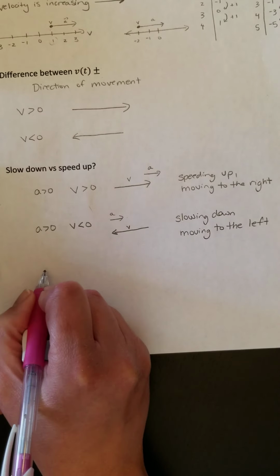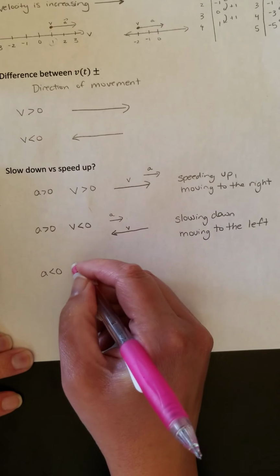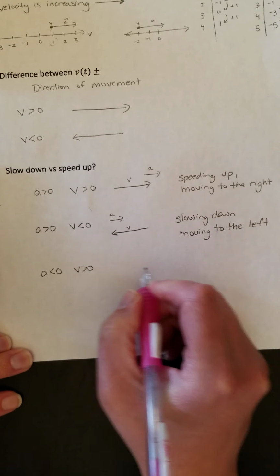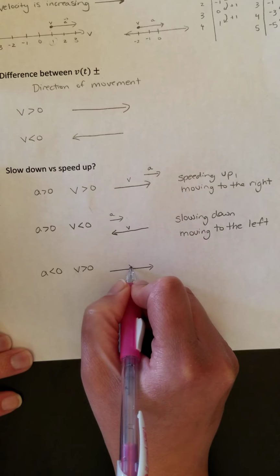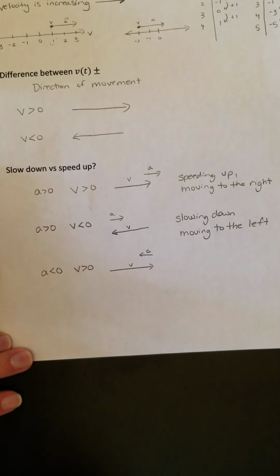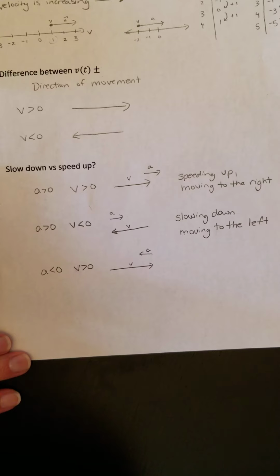If we have acceleration is negative and velocity is positive, so here we've got our positive velocity, but acceleration is going in a negative direction. It's reducing the values of your velocity number. The rate of change of velocity is negative.